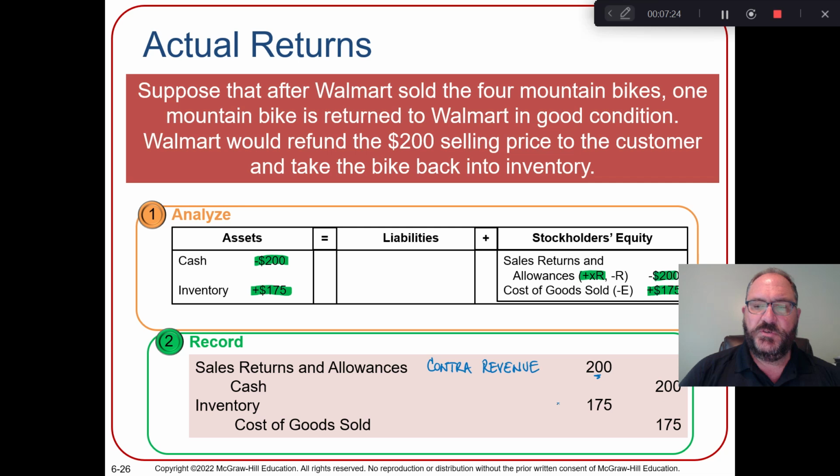And then the cash is an asset and it's going down, lowering it. This is a contra revenue and it's increasing. Okay. Inventory, we're putting it back in inventory. It's an asset and it's increasing. And cost of goods sold, it's an expense and it's decreasing, right? Because we didn't sell it anymore. We took it back. Okay.